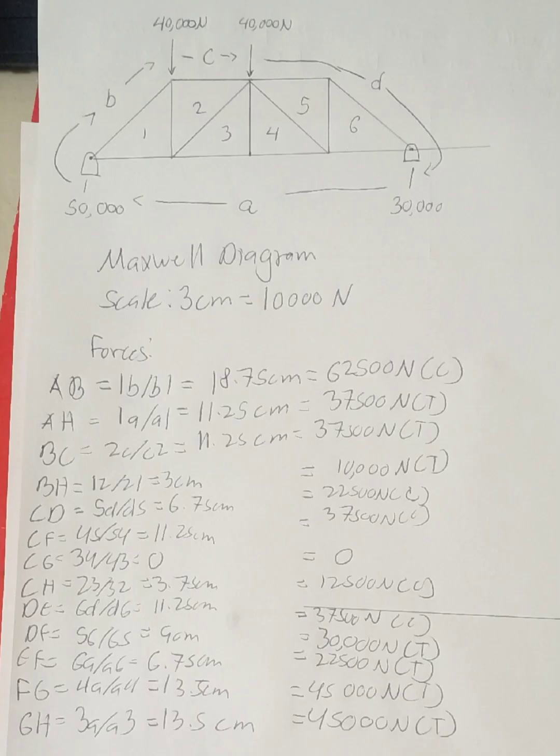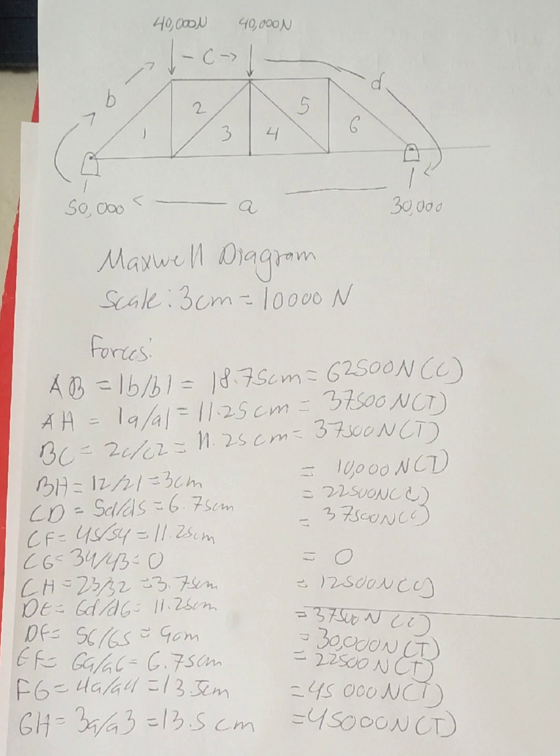Forces. AB, 1B to B1 is equal to 18.75 centimeters, equal to 62,500 newtons. AH, 1A to A1 is equal to 11.25 centimeters, equal to 37,500 newtons.